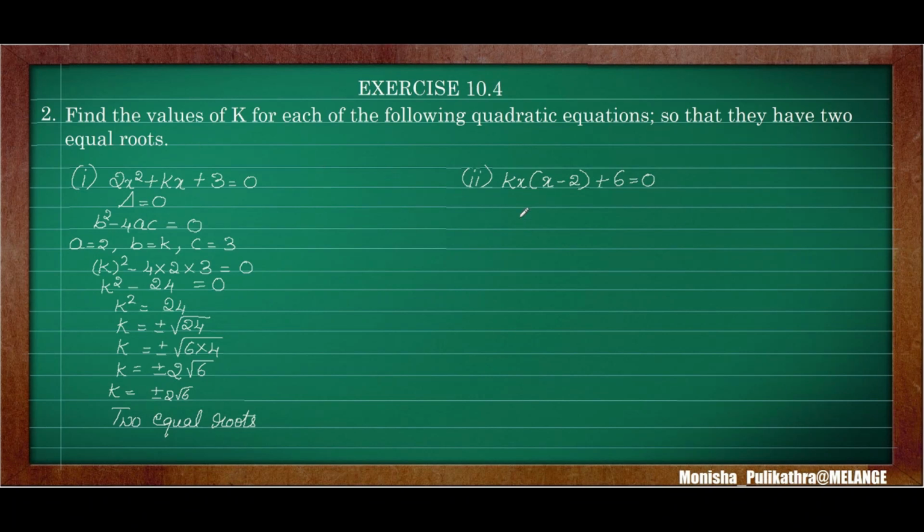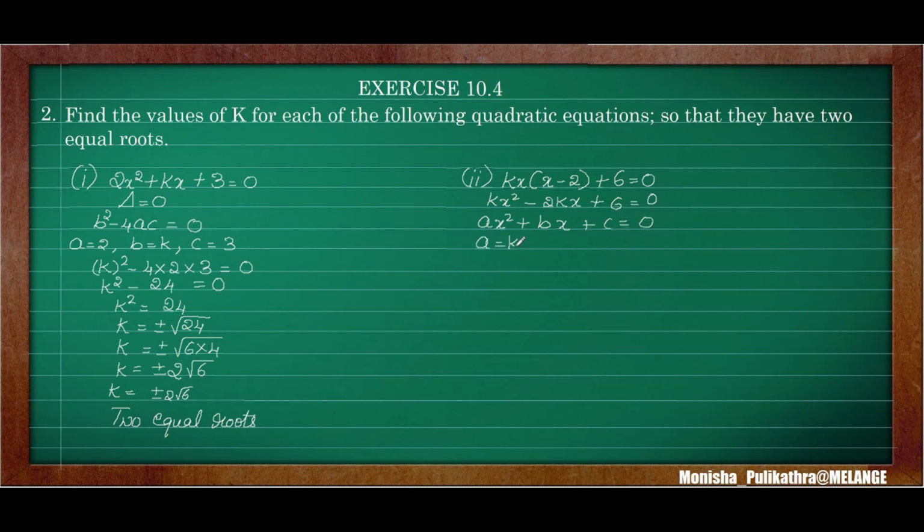So moving on to the second sub question, kx into x minus 2 plus 6 is equal to 0. Here we need to multiply it: kx square minus 2kx plus 6 is equal to 0. This equation is in the form ax square plus bx plus c is equal to 0.